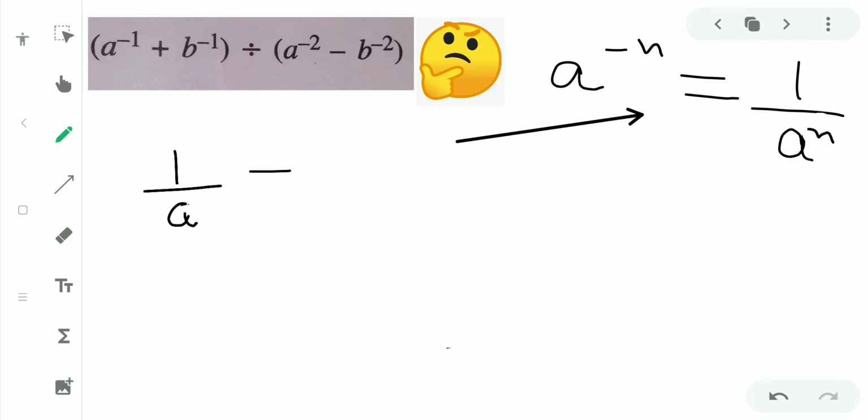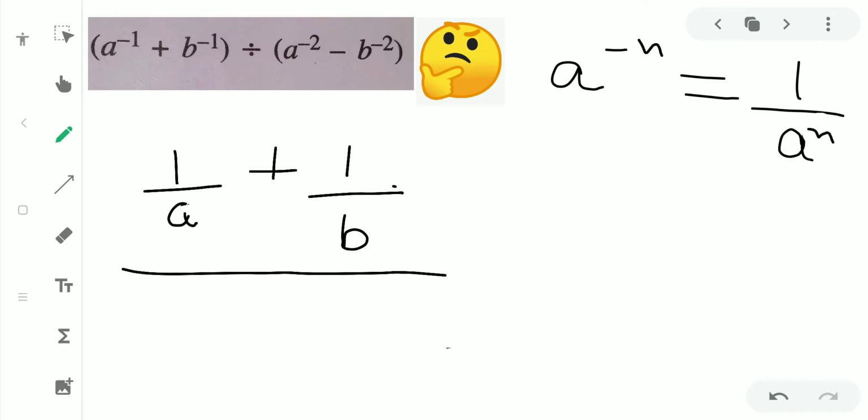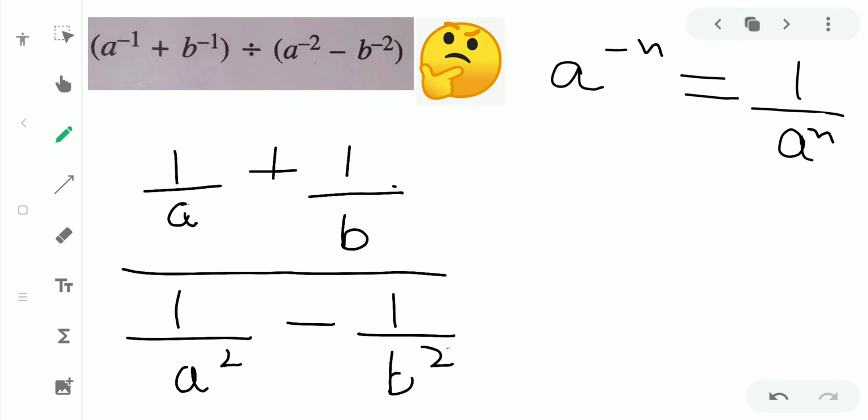Plus 1 by b, divided by 1 by a power 2, or 1 by a square, minus 1 by b square. A power minus 2 is equal to 1 by a power 2, so I have written it the same way here.